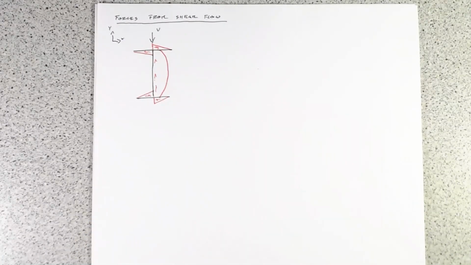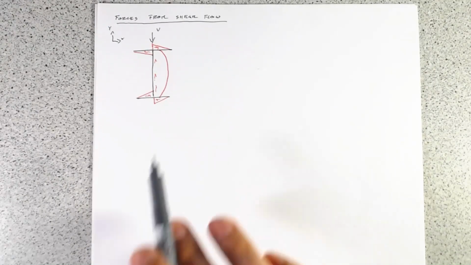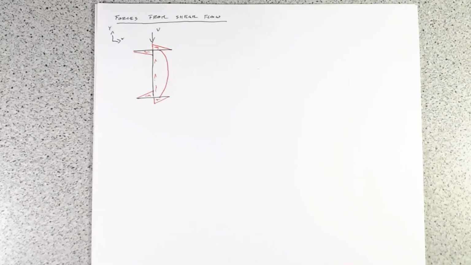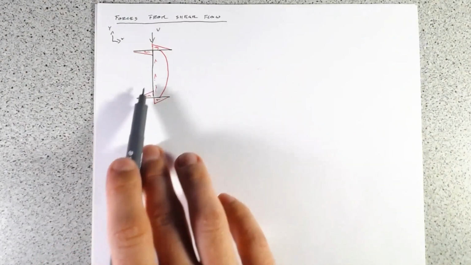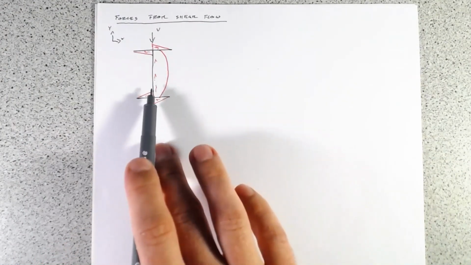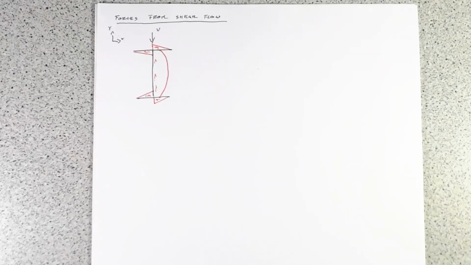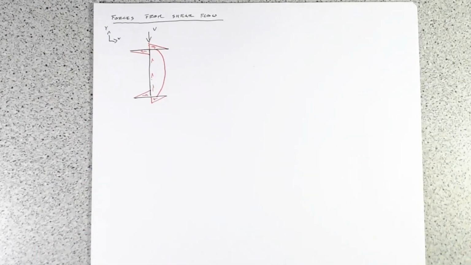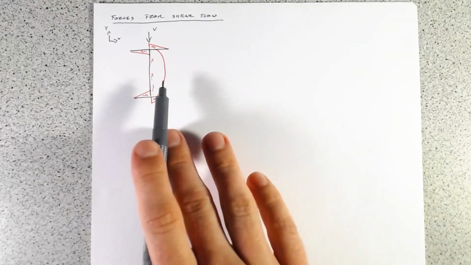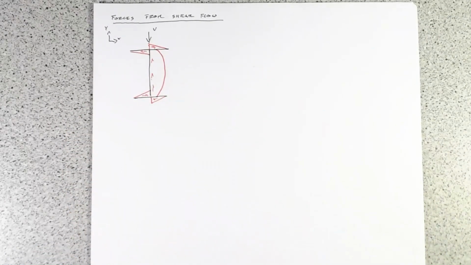So I've redrawn the shear flow distribution for a generic I section. If we have this applied load V, we're going to have some shear flow going up in the web, and then flowing out and flowing in. Remember, this is shear per unit length.